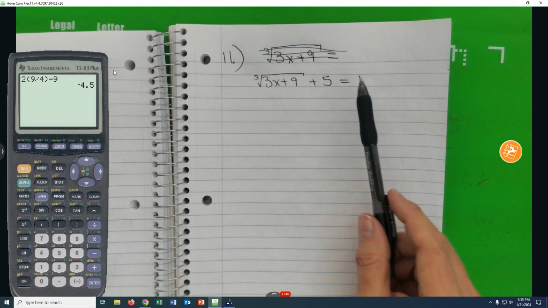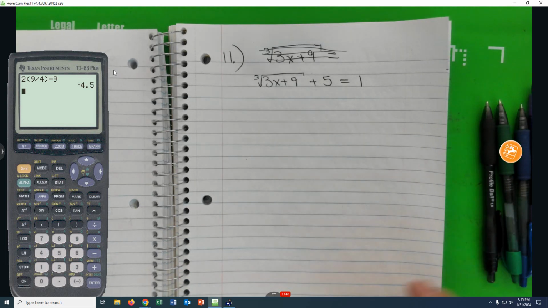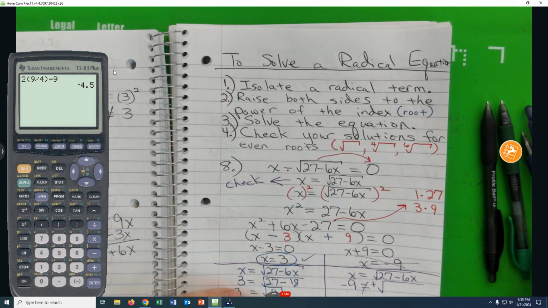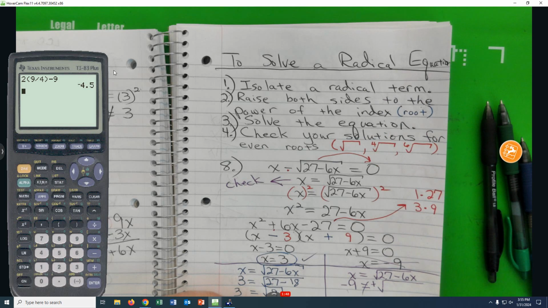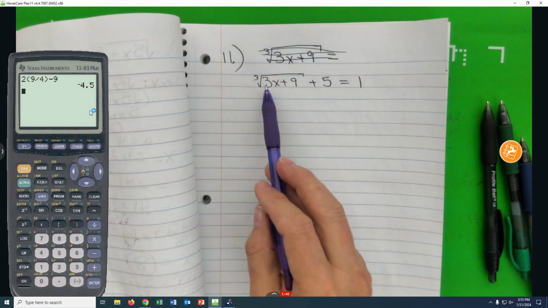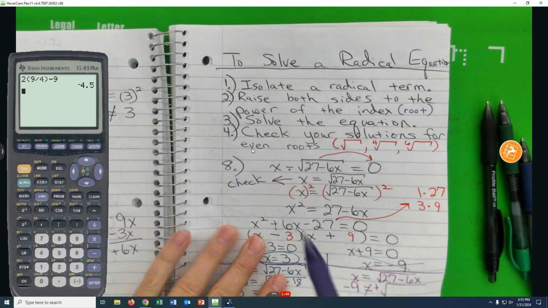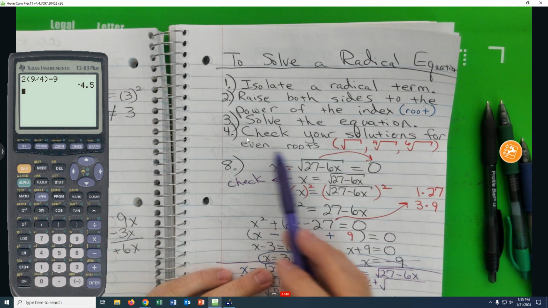Y'all remember my little general steps for solving a radical equation? Isolate the radical. One of these steps I'm going to skip. Which step will I skip? Step 1, 2, 3, or 4? Look at the type of radical we have. The last one. You don't have to check it if it's an odd radical, only even roots.